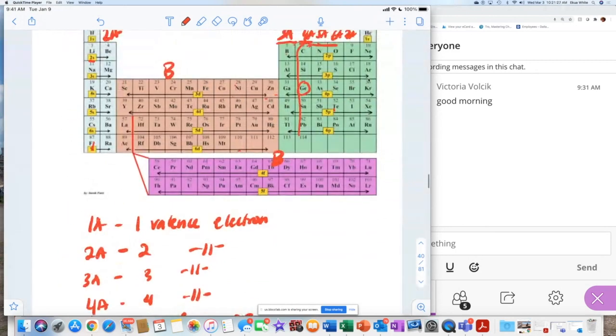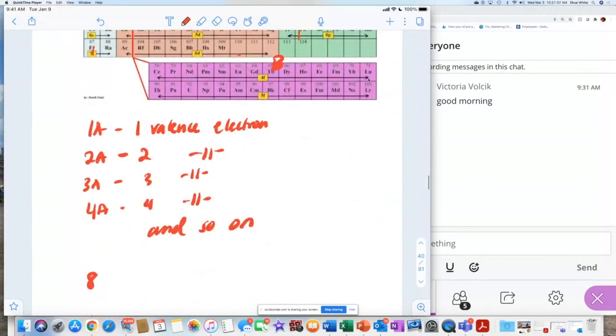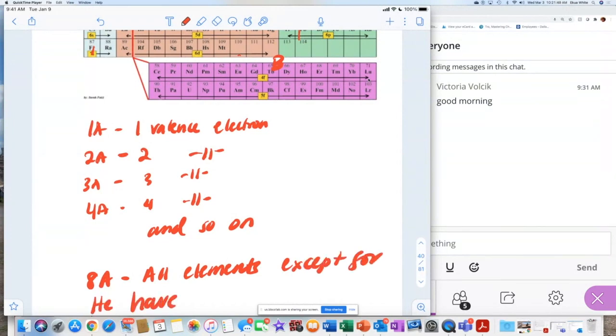This continues all the way to group 8A, where all elements except for helium have 8 valence electrons.